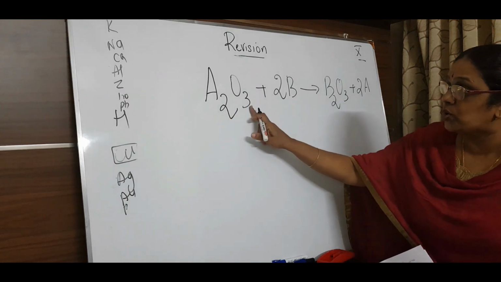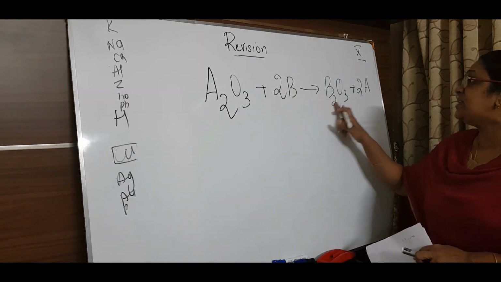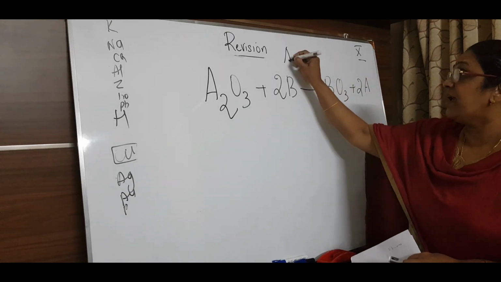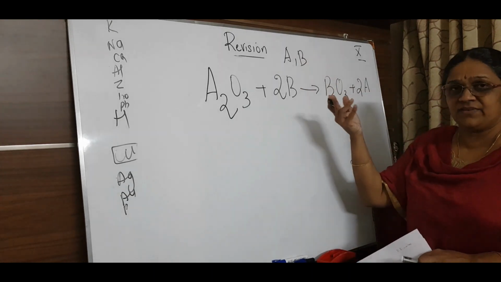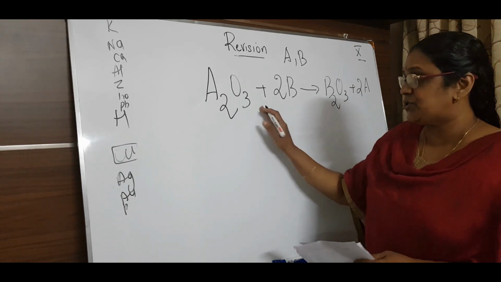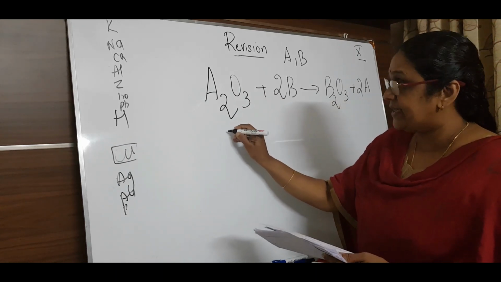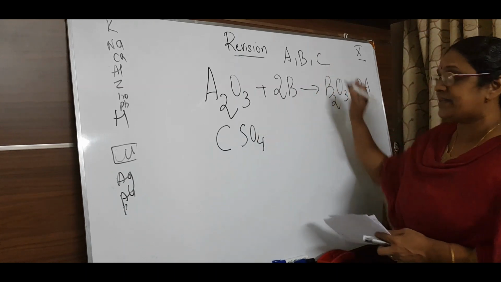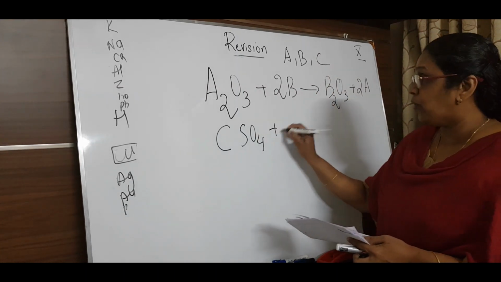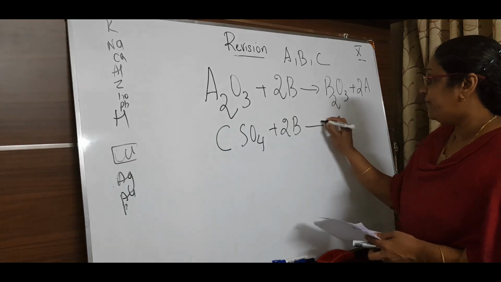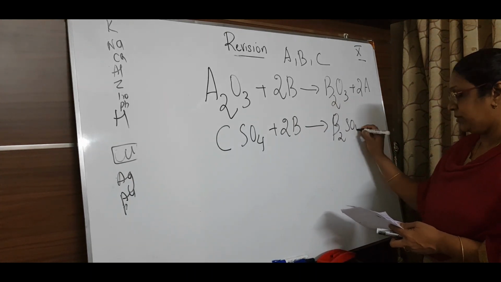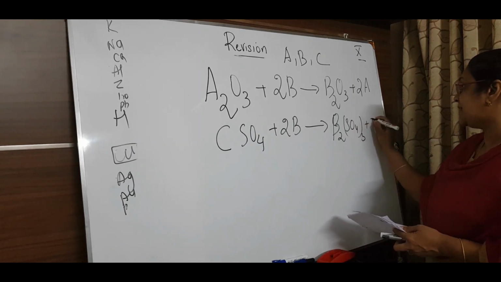So A2O3 plus 2B will give you B2O3 plus 2A. A and B are elements. Okay. A and B are some elements. We don't know. We are not interested also. Just the equation. Now the second is CSO4. C also is another element. CSO4 plus 2B will give you B2(SO4)3 plus 3C.